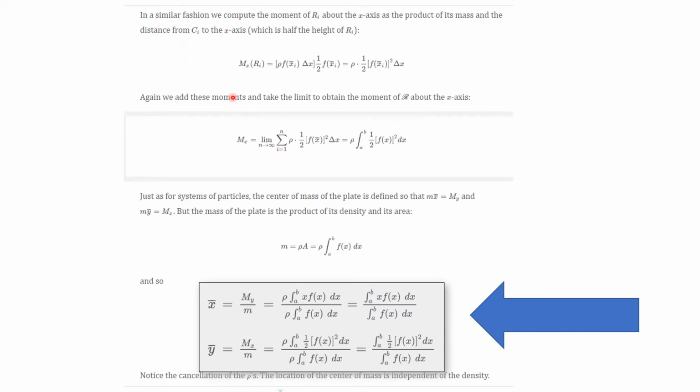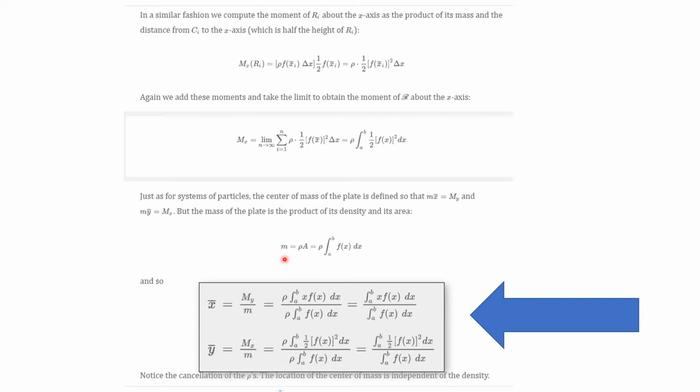In a similar fashion, we can find that the moment about the x-axis of each rectangle is this. Now notice the formula is different. This is going to be rho times 1/2 f of x bar sub i squared delta x. And if we take the limit, we find that the moment about the x-axis is rho times the integral from a to b of 1/2 f of x, whole squared, dx.